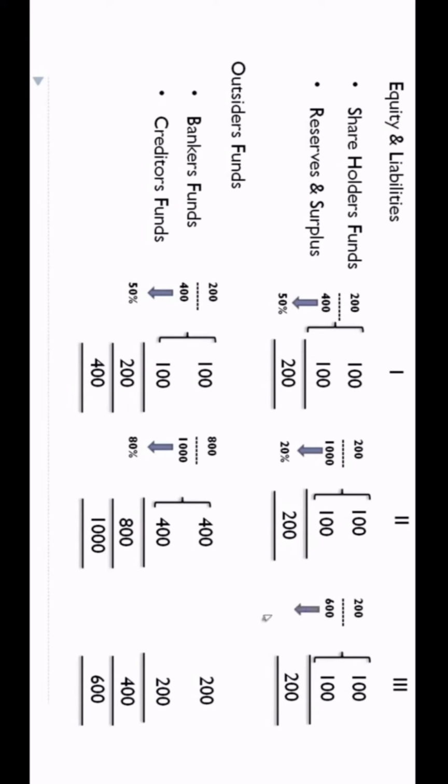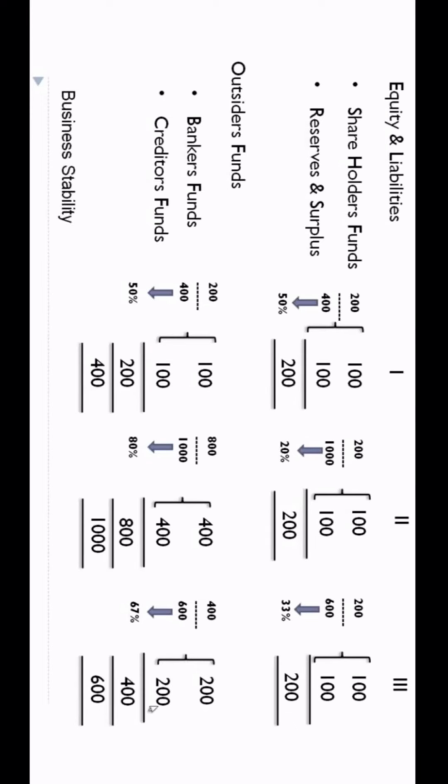So shareholder funds is basically how much? 33%. And here the outsider funds are 400 on 600, and it would give the ratio of how much? 67%. So now we have three scenarios, and now we can understand the business stability by analyzing scenarios 1, 2 and 3.